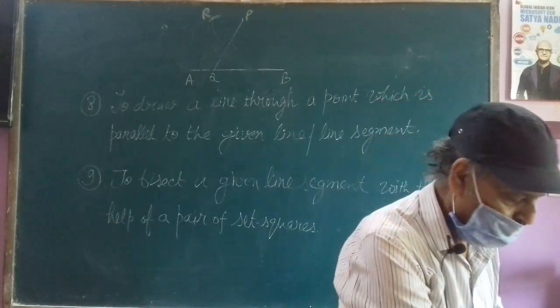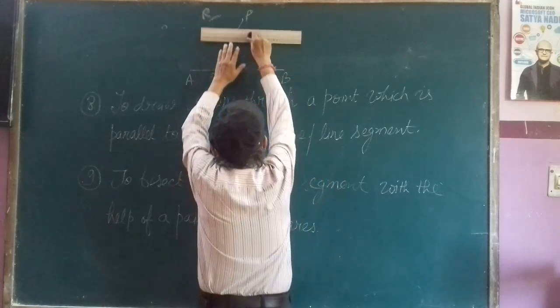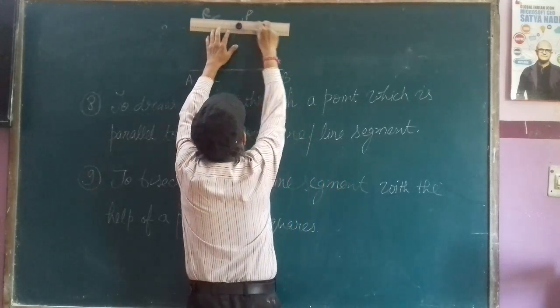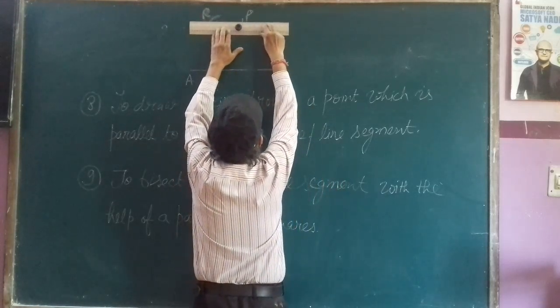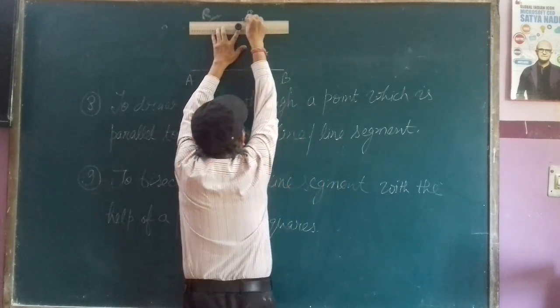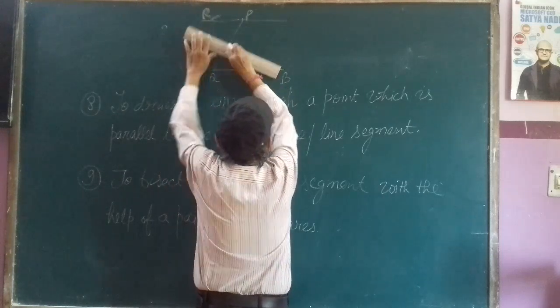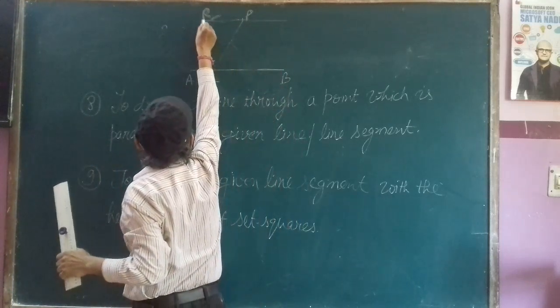Join PR and extend it. A line has no end point. It extends to infinity.